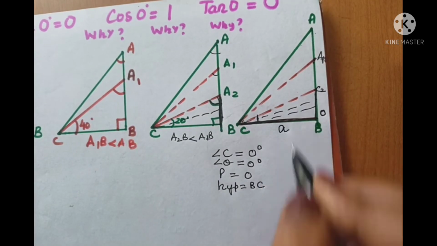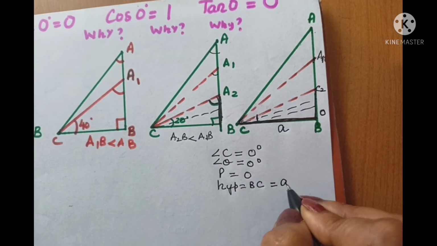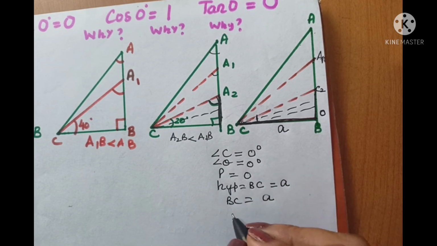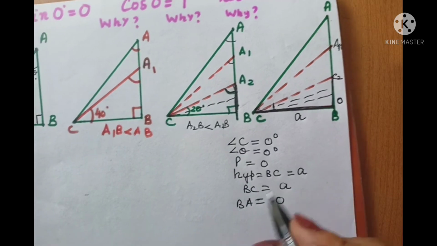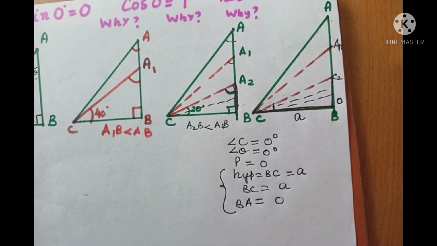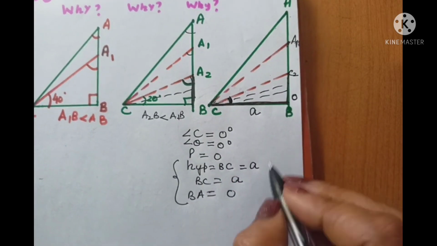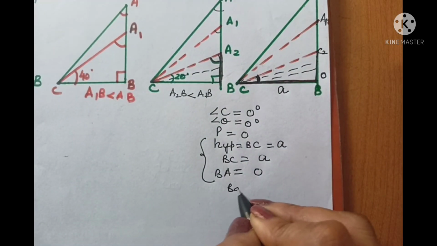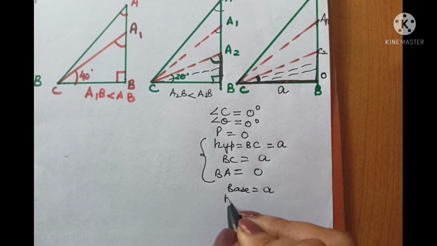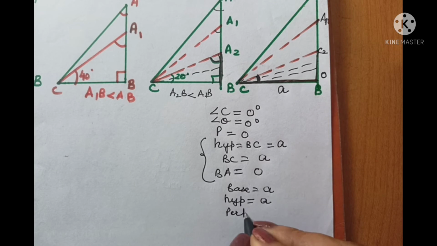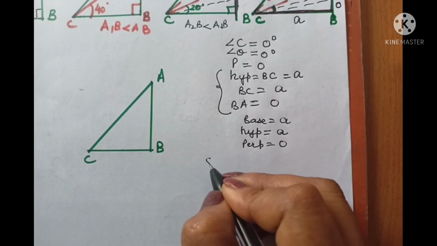Suppose BC is A, then hypotenuse becomes A and BC is A and BA becomes 0. So this is the thing which we have to understand. I am repeating, when this theta tends to be 0, then our base is A, hypotenuse coincides with A and perpendicular becomes 0. Let's write down the formula.